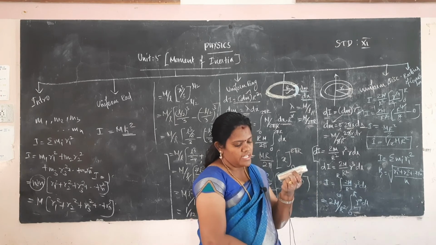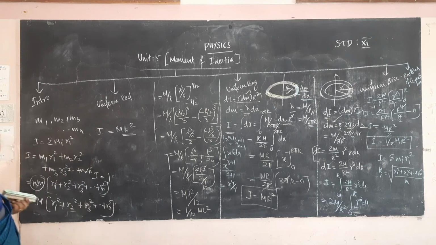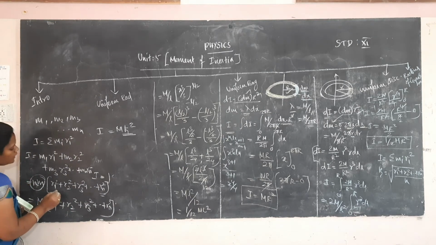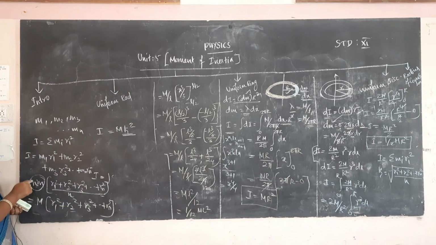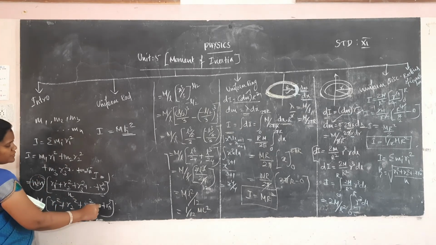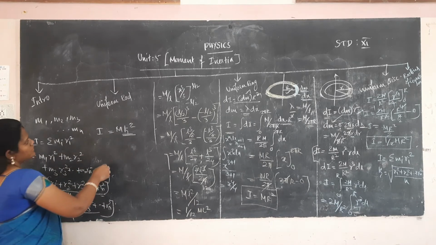Since n is multiplied because of the number of masses, we must also divide by n. So nm is taken as capital M, and r1 square plus r2 square plus r3 square up to rn square by n is the value of k square.